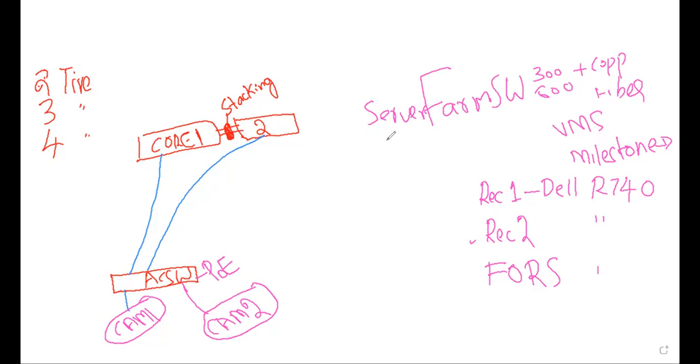You may have heard about the series called Nexus. Nexus series, for example, Nexus 2000, 3000, 5000, 7000, 9000. These are the model numbers.